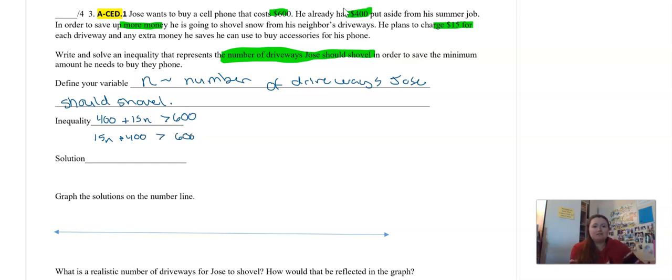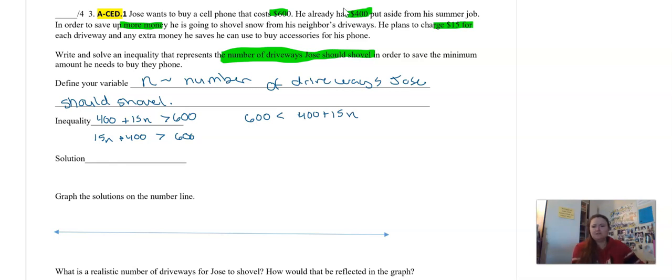Or maybe you saw it the way it's written up here. Maybe you say, okay, well, he needs $600, so $600 is the minimum, so my amount of money needs to be greater than, so $600 is less than $400 plus $15 per driveway, if you're writing it in the order it appears up here.